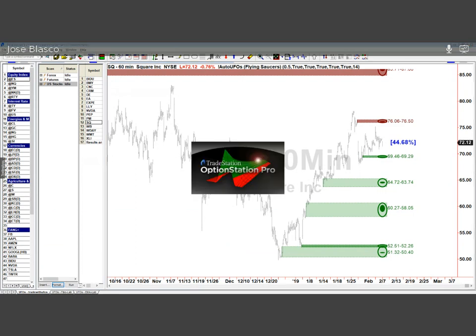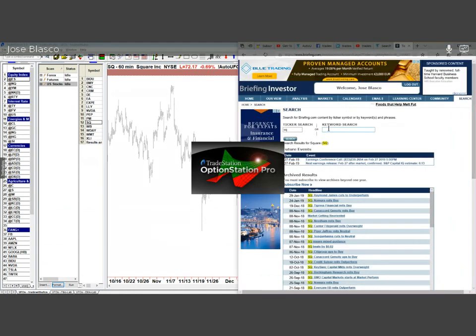So based on what we learned, Square has an earnings report happening on the 27th. So I could use expiration date up to February 22nd, if I'm not mistaken. Yep, up to the 22nd.